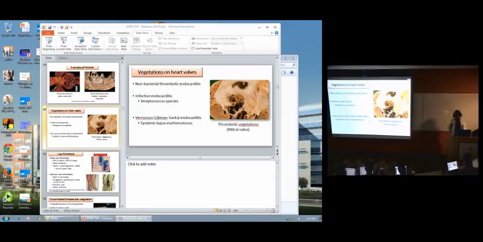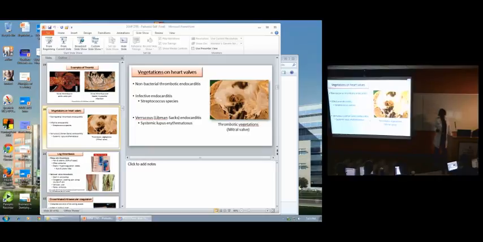These are some of the causes where you can have thrombus formation there. So what you're basically saying is that this endocarditis is inflammation of the heart and is not caused by infection, okay? So you have a thrombus forming, and that's what you have here, the thrombus forming where you have the heart valve there, okay?